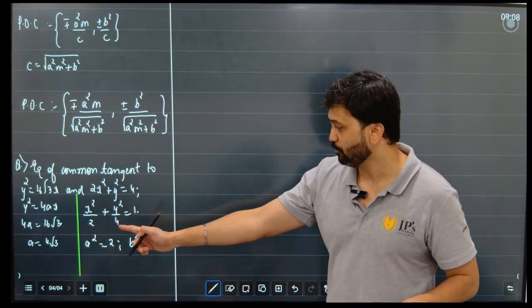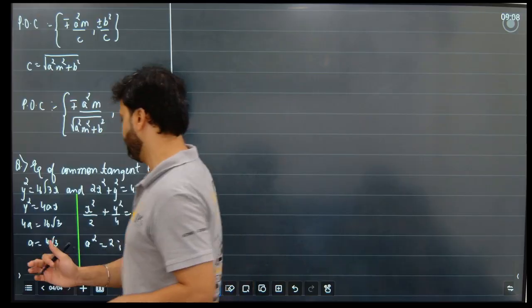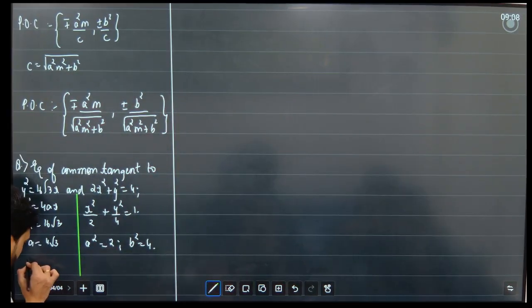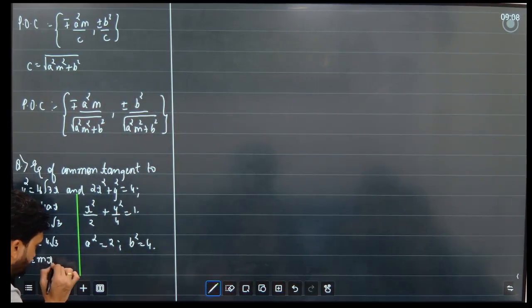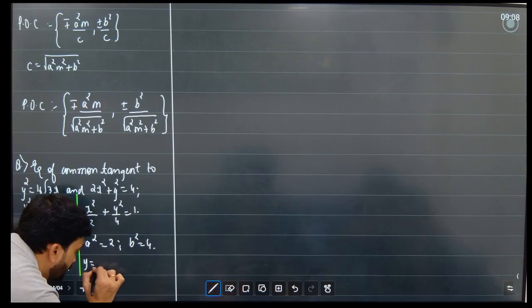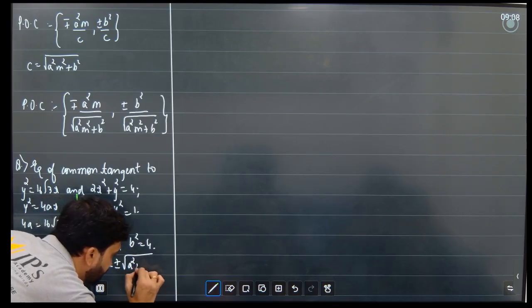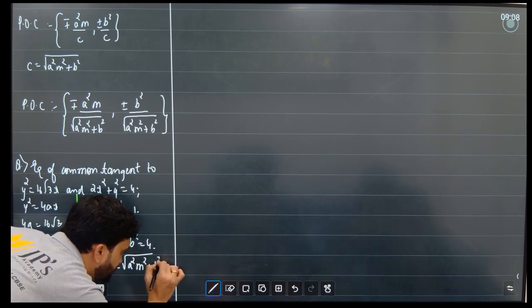Okay. Now, tangent to the parabola is y is equal to mx plus a by m. For ellipse, y is equal to mx plus minus under root of a square m square plus b square.